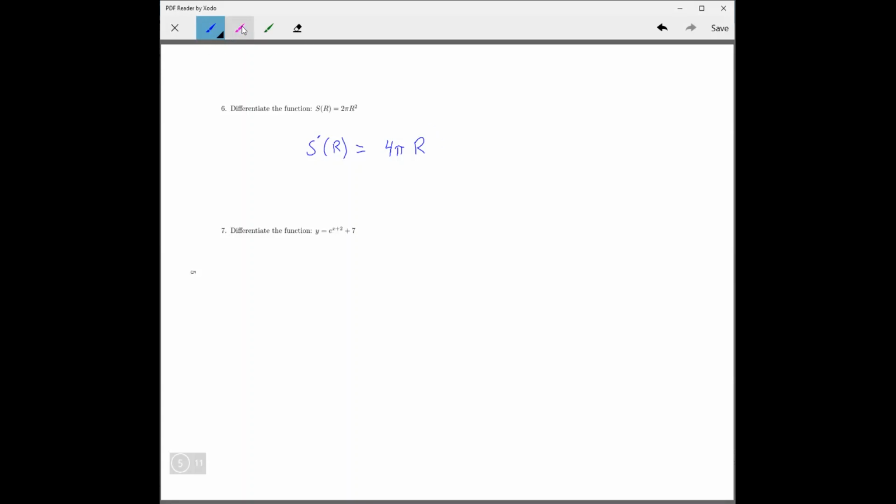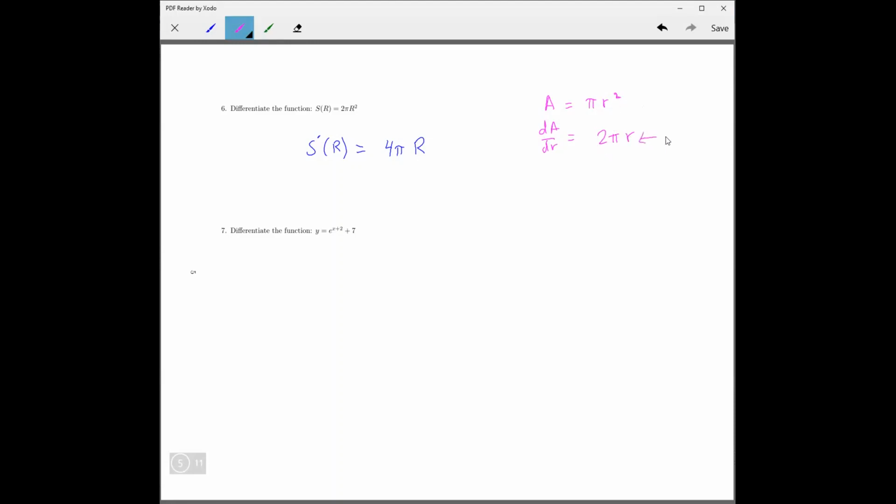An interesting thing to note about this one is check this out. You know that the area of a circle is pi r squared, right? And if you take the derivative with respect to r, you get 2 pi r. Okay, so, but what is this on a circle? You know, this is the area.